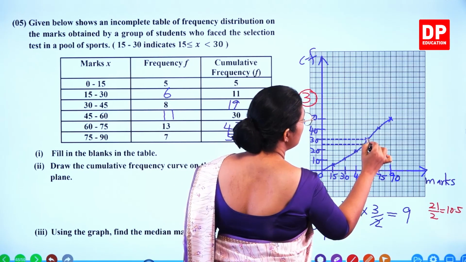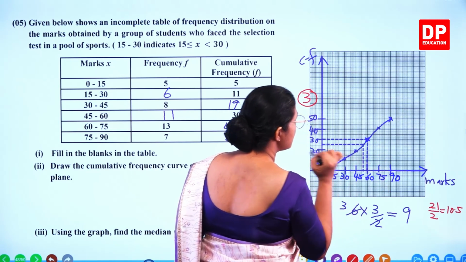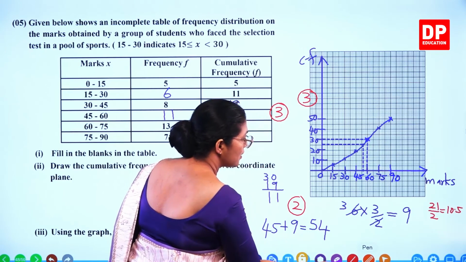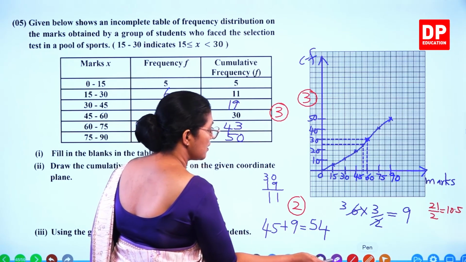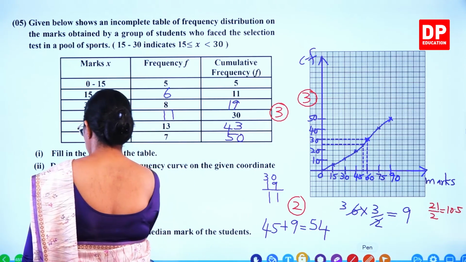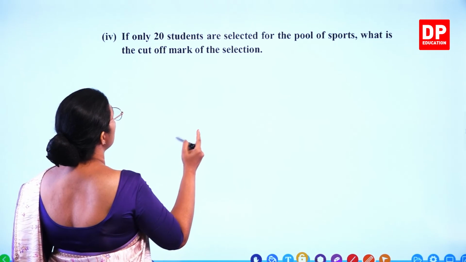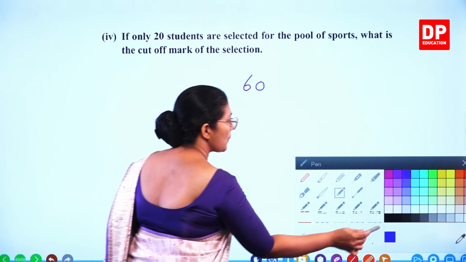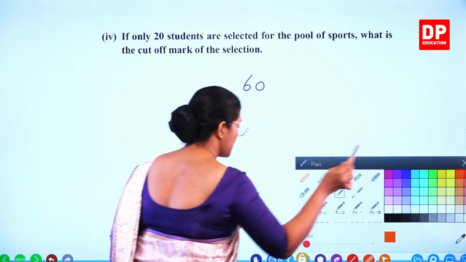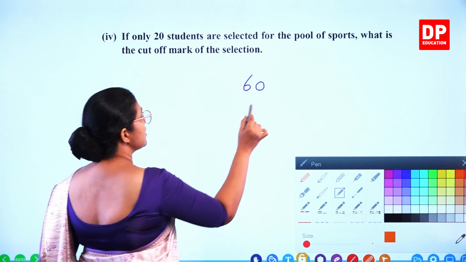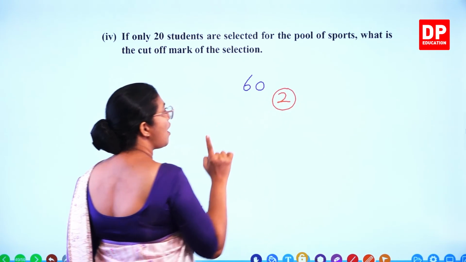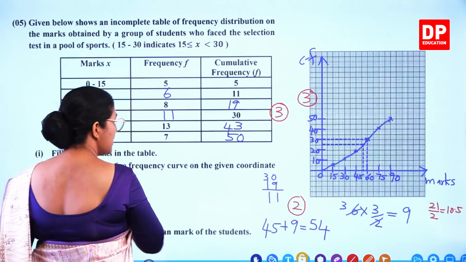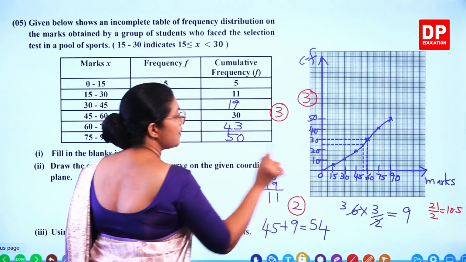Here we can see 60. 60 is the boundary mark for the selection. So for this answer, the cutoff mark is 60. You get 2 marks, definitely 1 mark for referring to the graph. You have to draw the line here to get the other mark.